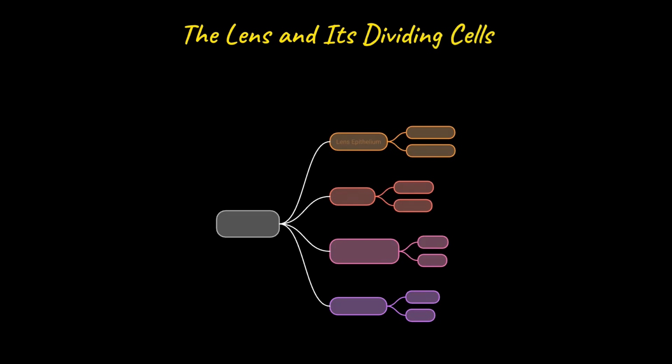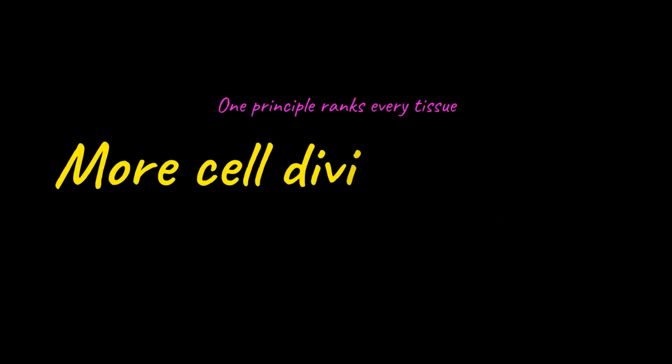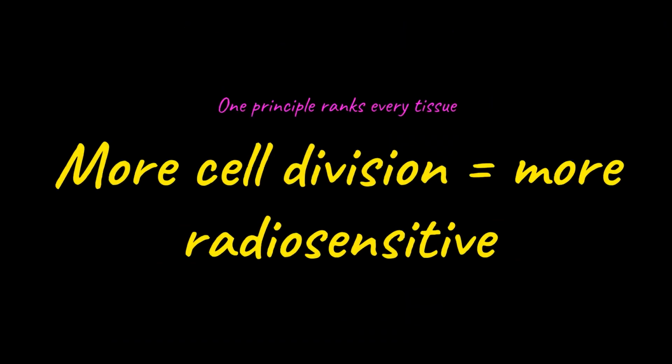The lens of the eye contains a layer of dividing epithelial cells whose orderly arrangement maintains transparency. Radiation damage to these cells can disrupt that arrangement over time, leading to clouding, which is exactly what the dividing cell principle predicts.